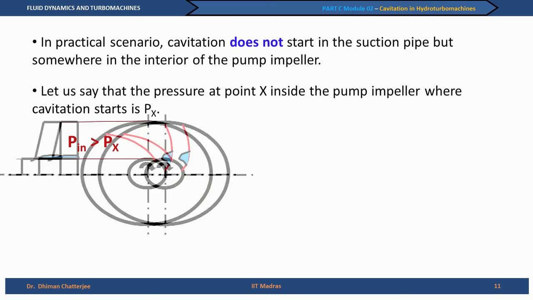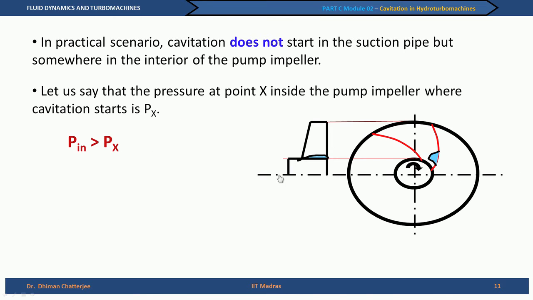The pressure losses could be because of, for example, the flow comes from here, the flow enters here and goes like this. So, this curvature will give rise to loss, and please remember that this is your point x and this is somewhere your P in. So, this is where I am talking about P in.